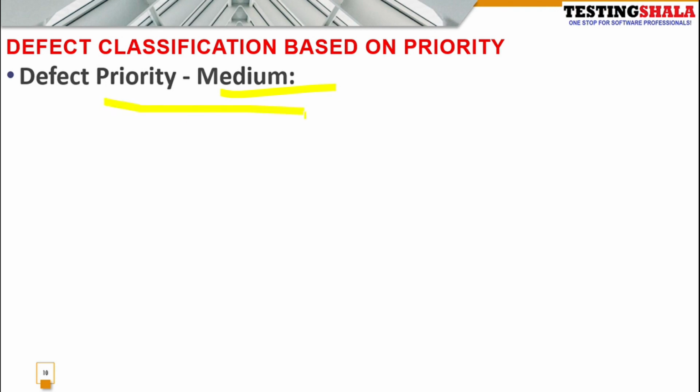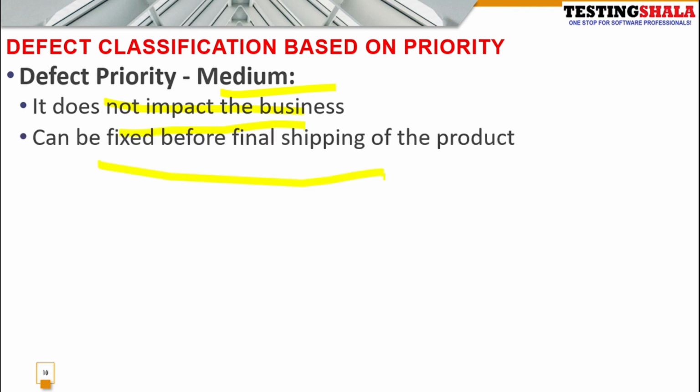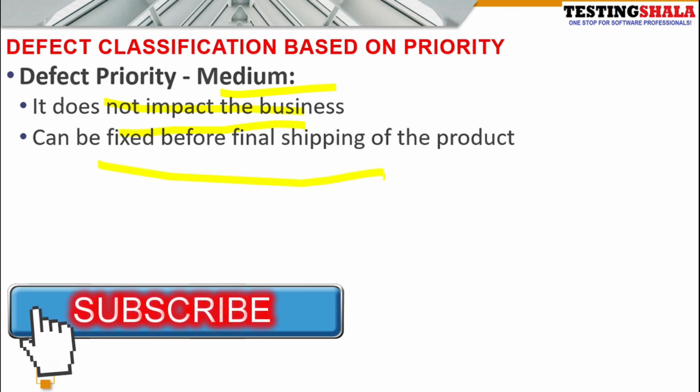Medium priority defects do not have a major impact on the business. These defects can be taken care of before shipping the product. Again, the medium priority defect is also a must fix and needs to be fixed before shipping the product.